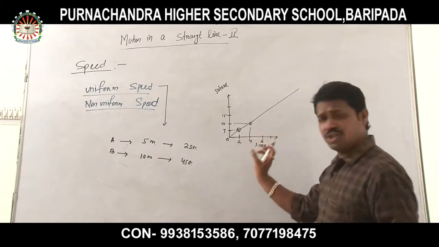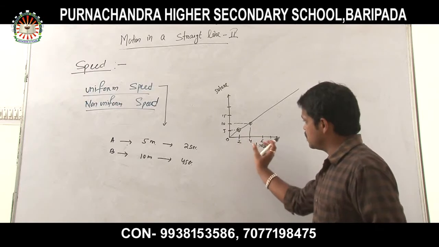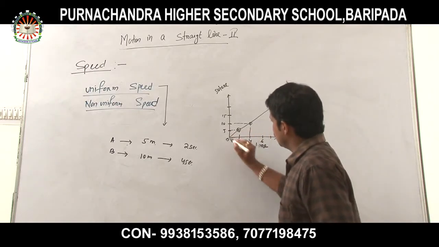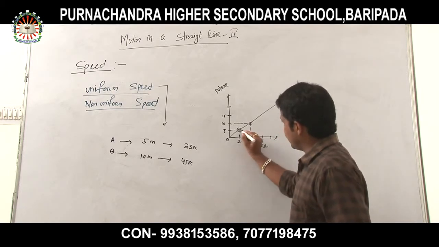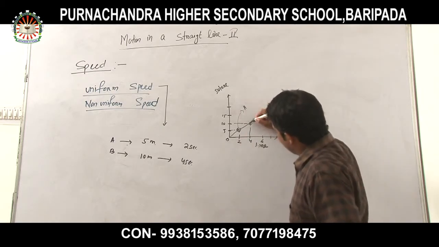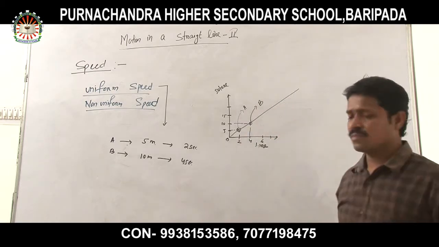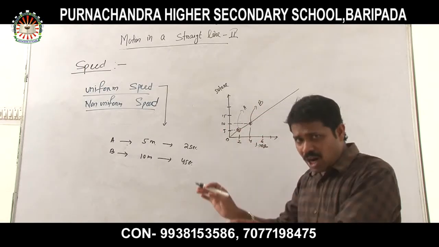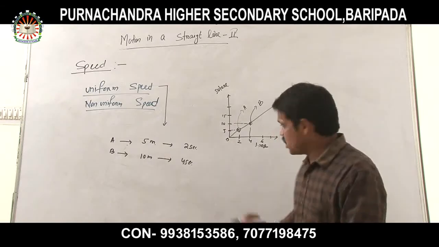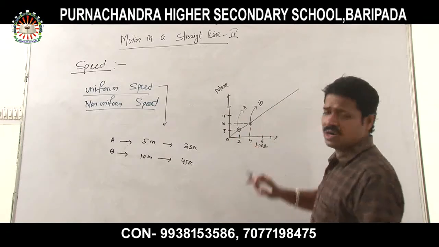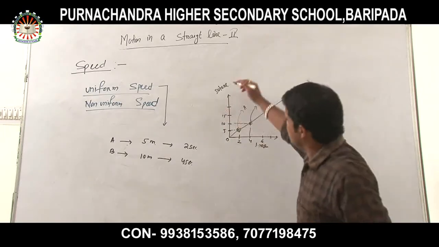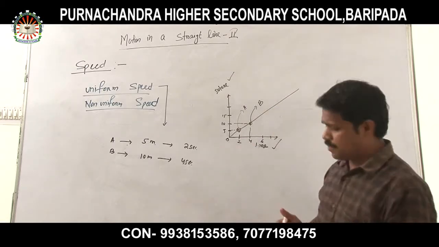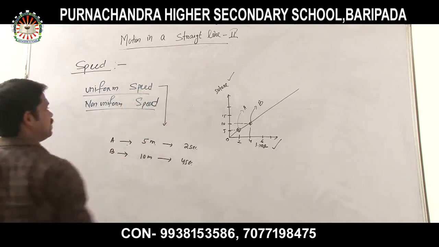Understood? Look at the ratio. It's very simple. This is for object A, and this is for object B. Clear? Objects A and B cover distance in equal proportion. So that's why, where I get a straight line in the graph between distance and time, that type of curve is for uniform speed.